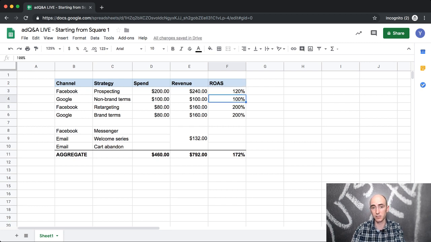I find some really good terms that are high converters and they have low competition. This goes up to 150. I start to do some more creative testing, and maybe I now have enough traffic that I can start running DPA, those dynamic product ads that we talked about in the previous episode, and this goes up to 350. Right? And maybe this goes up to 350 or 400, right? And now I'm at 248, right?